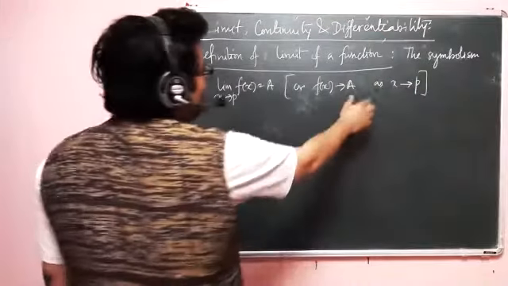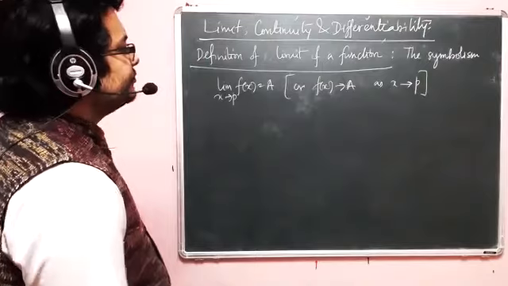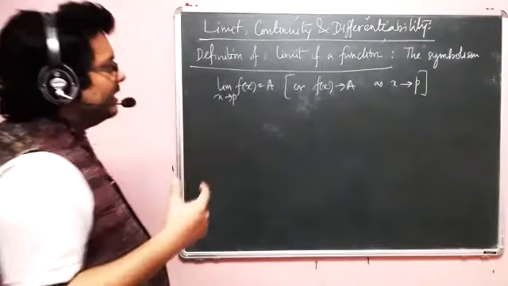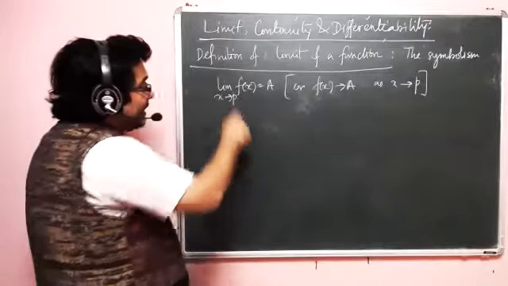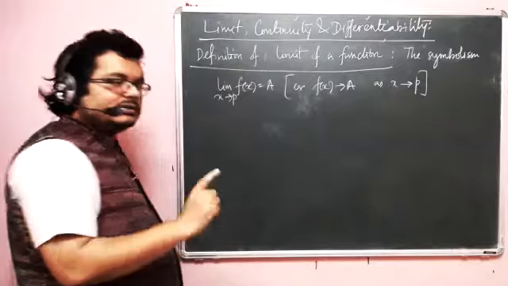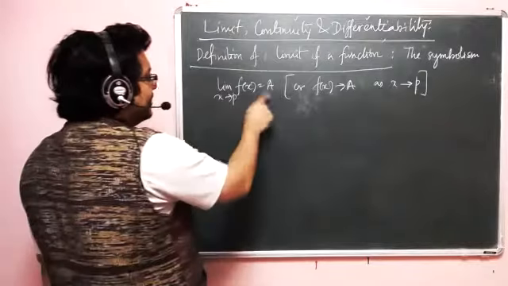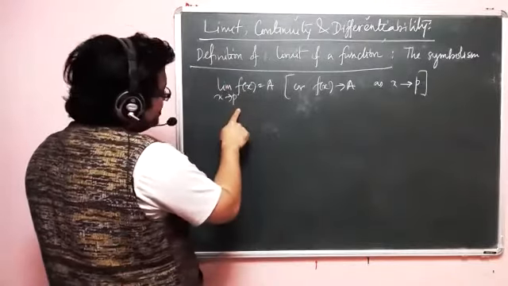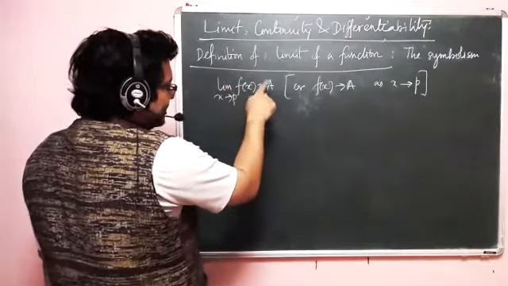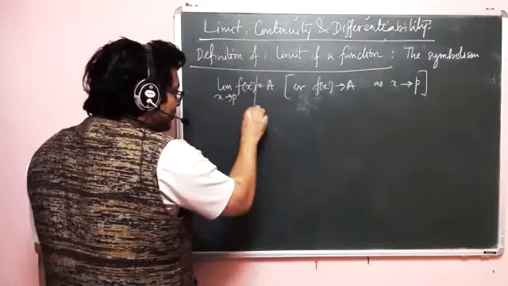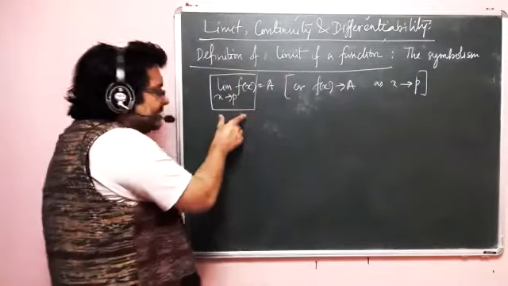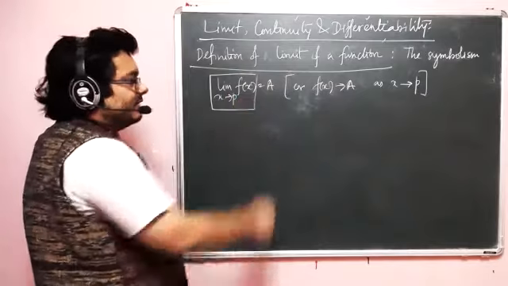Why is writing this important? It is because when you first write this, somehow in some people's heads, this is what gets in: that I'm writing f(x) equal to, this equality connecting f(x) and a. That is wrong. This equality is not connecting f(x) and a. It is mathematics, so what is written is only true and nothing else is true. So this equality basically connects this a, which is a value, and this whole thing, limit x tends to p f(x). This entire thing is equal to a, not only f(x). Why?